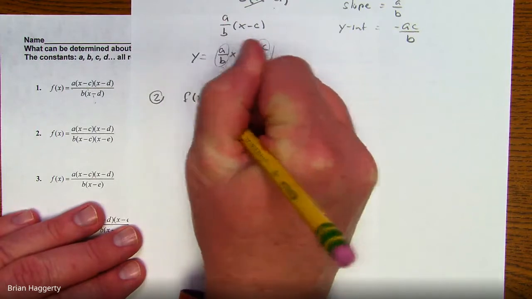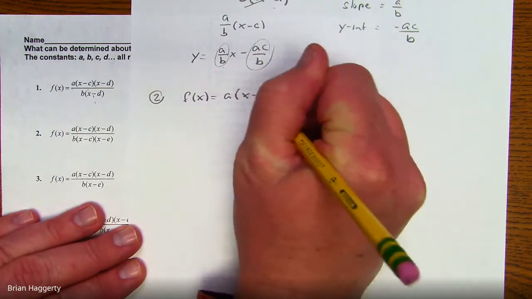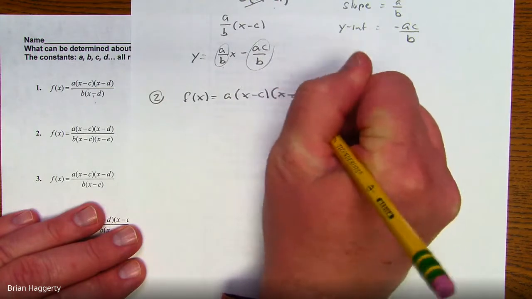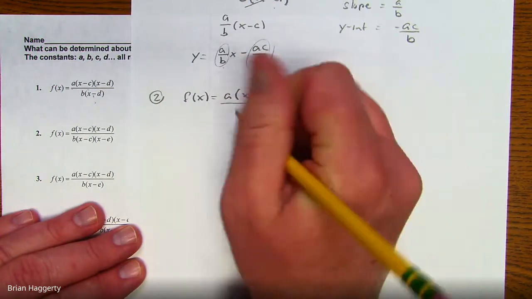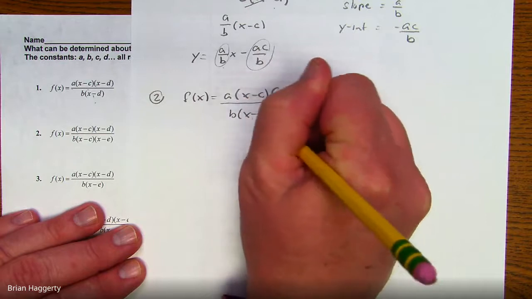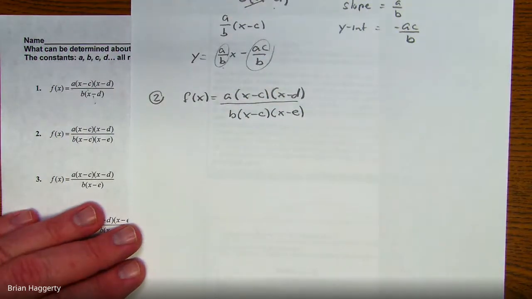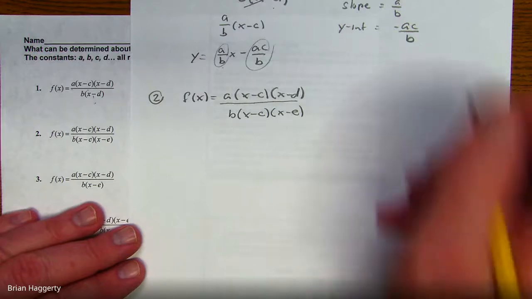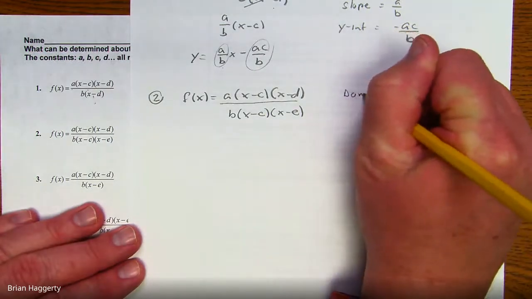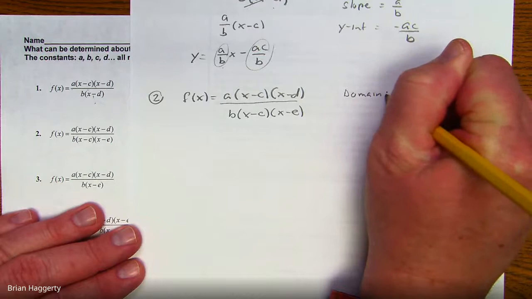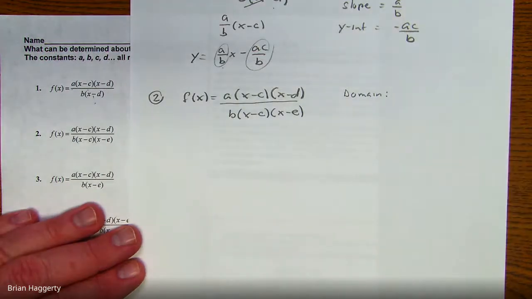We've got f of x equals a times (x minus c)(x minus d) over b times (x minus c)(x minus e). For this one here, I want to start off with, let's identify the domain. Our domain is all real numbers except for when the bottom of the fraction is equal to 0.